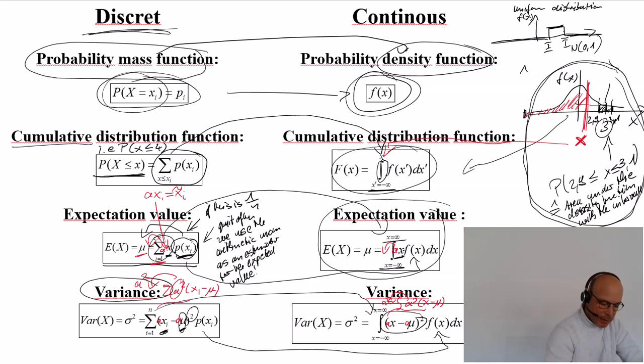In general, we just interchange the summation operator with the integration, and then of course the most important dispersion measure, the variance, as the sum or the integral of the squared distances with respect to the expected value.